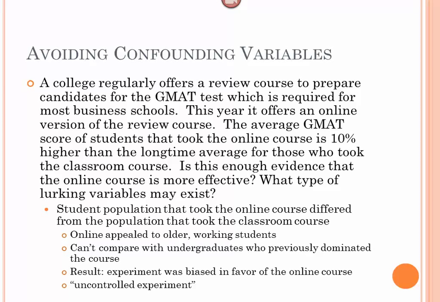So we could see whether the online course itself, maybe the training materials within that online course, is the actual cause of the 10% increase in the people who took the GMAT.